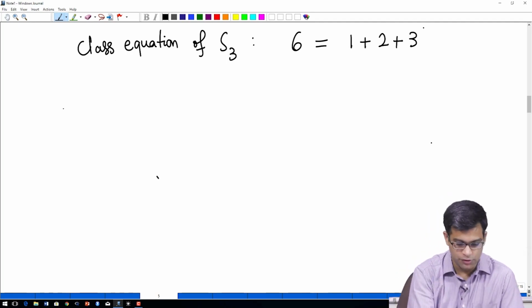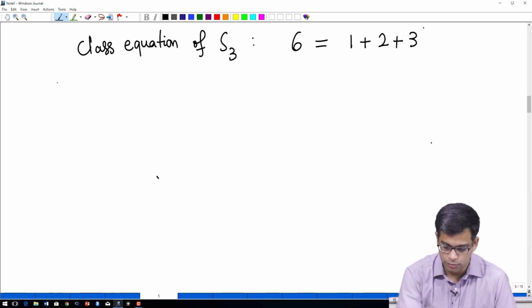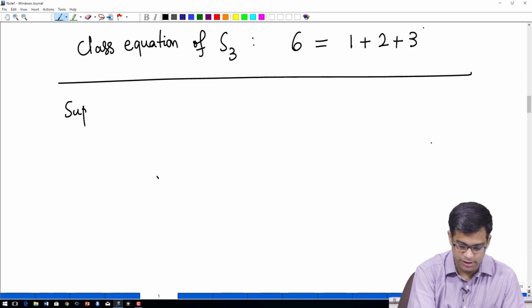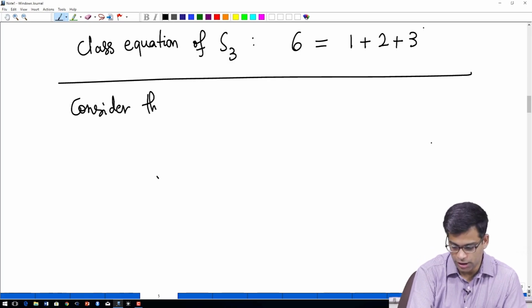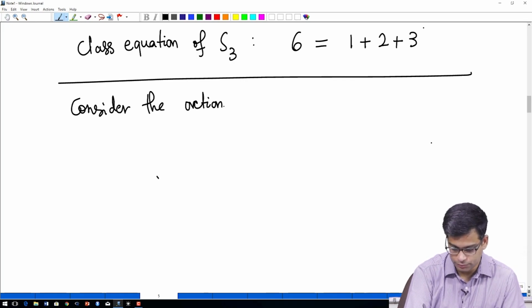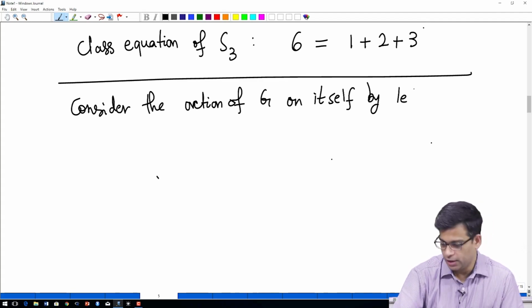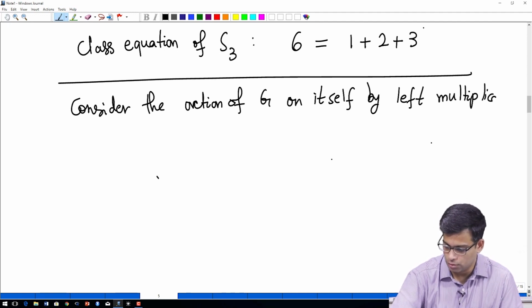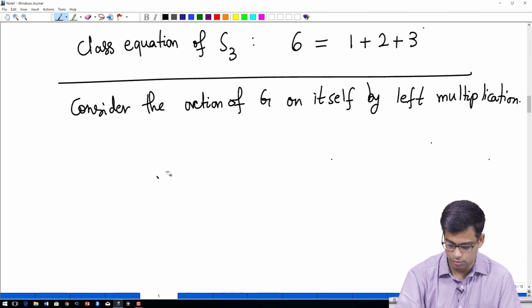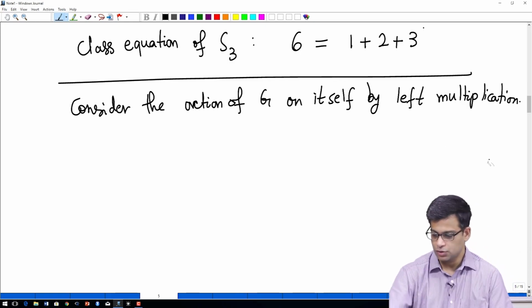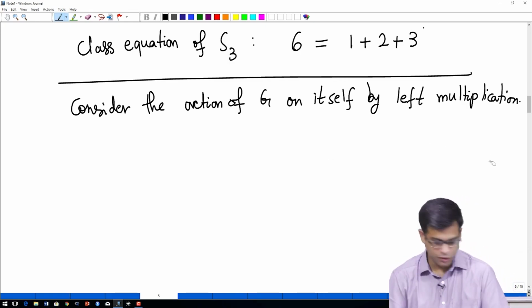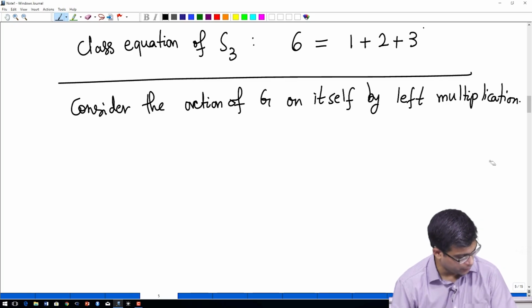Okay, suppose G acts on itself, consider the action of G on itself by left multiplication. So, this is one of the two operations I mentioned of a group on itself.